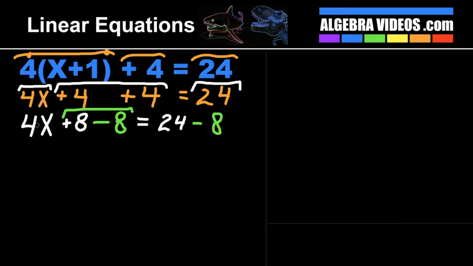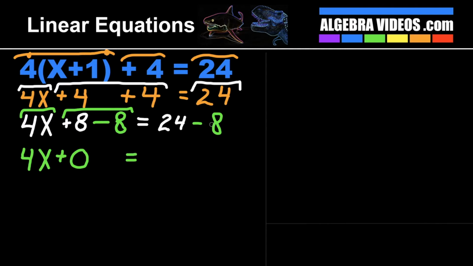So let's see what happens. First, I'm going to rewrite the 4x term. So here it goes. 4x. And then plus 8 minus 8. Well, that simplifies to 0, right? So you could say that's plus 0 or minus 0. Either way, it doesn't matter. The 8 minus 8 cancels out.